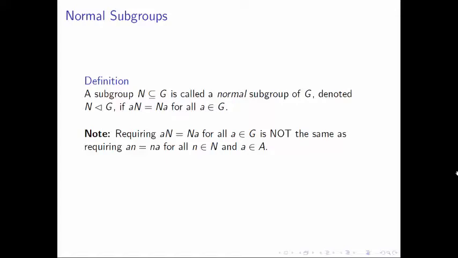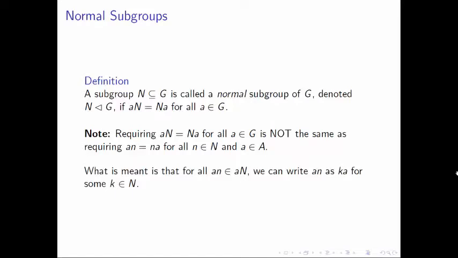What we are requiring is that for all n, which would be an element of the coset aN, we can take that element little n and write it as k times a, where k is some possibly different element of N. So we'll see an example of this as we go on, but it's not quite as strong as requiring elements to commute, it is actually this weaker hypothesis.